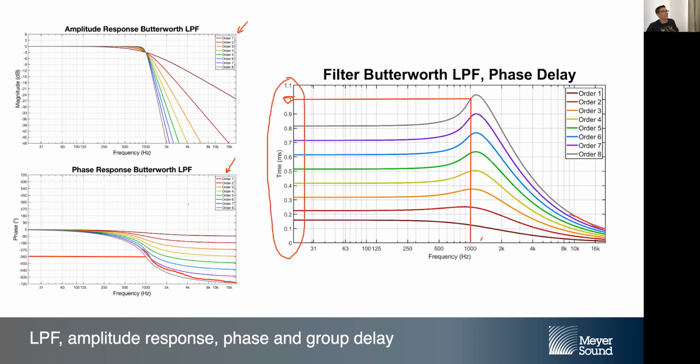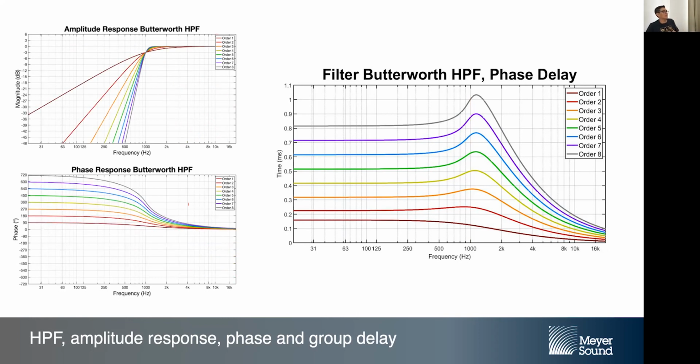We're going to see that the behavior is the same. If we change our slide, we see the high pass filter version of this, and the phase delay is the same because we're moving the same amount of phase shift in every trace by using different orders. So it doesn't matter if we are using a low pass or high pass filter, the phase delay is going to be the same.